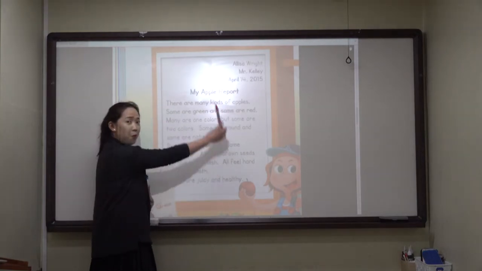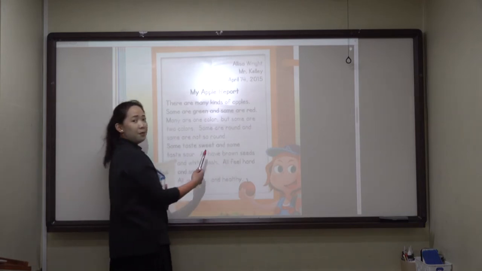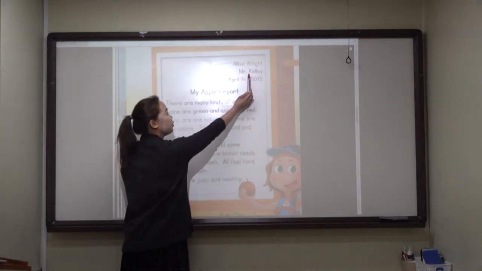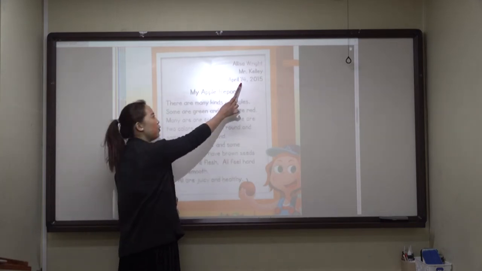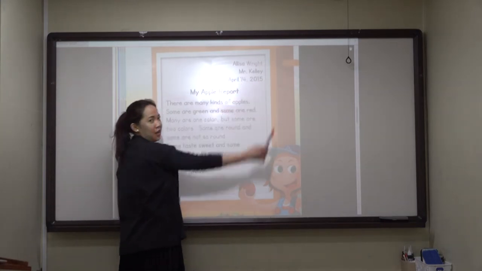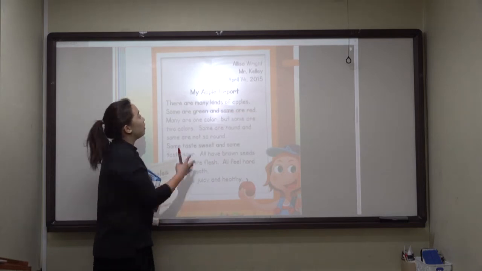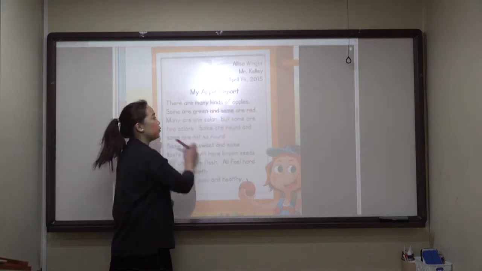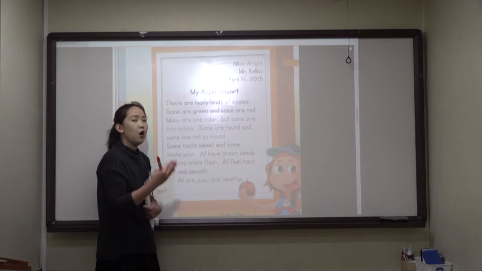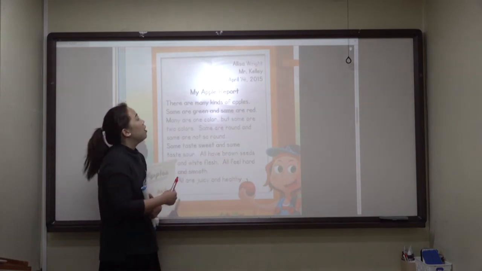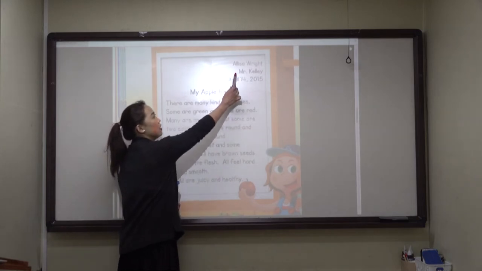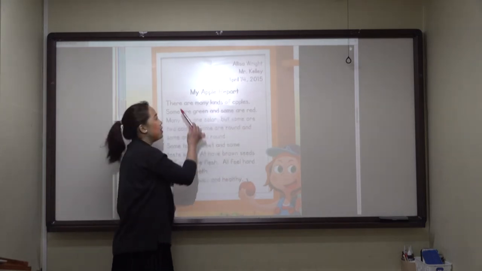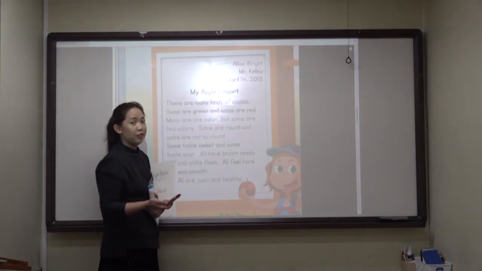And this report is for, what's the name of the teacher? It's Mr. Kelly. And what is the date? April 14, 2015. The title here is My Apple Report. This is an example of a report. You write the name of the student, your name, the name of your teacher, the date, and then the title of your report.